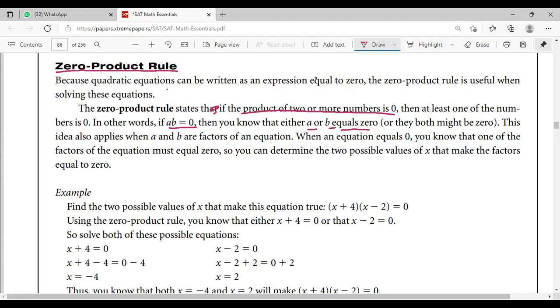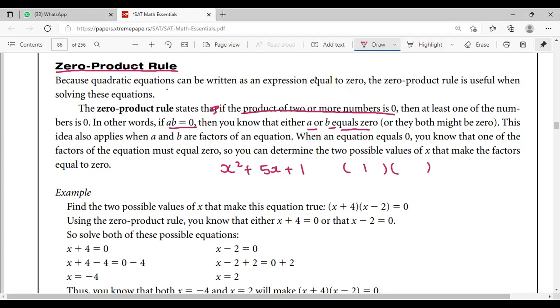When an equation equals 0, you know that one of the factors is 0. So if we have an expression, let's say x square plus 5x plus 1, for example, and if you factorize it, you end up getting two factors, right?